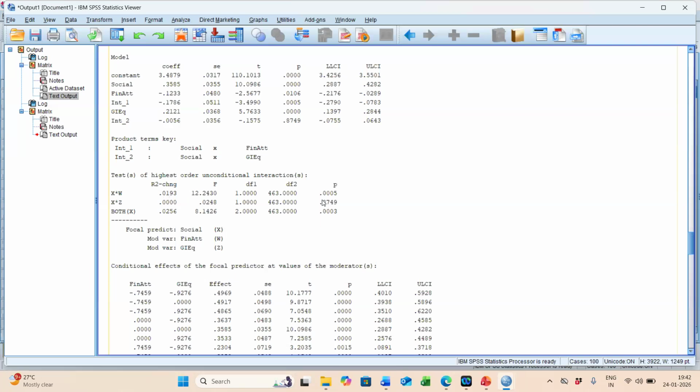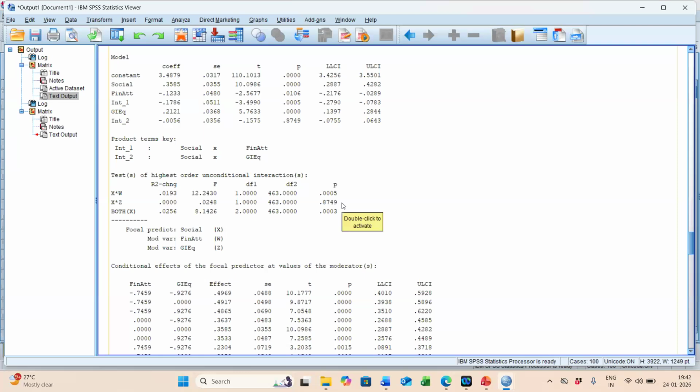And that is significant because the p-value is less than 0.05. The interaction between X and Z, that is socialization and gender equality, R square change is absolute zero. Absolute zero. So definitely it is not significant.